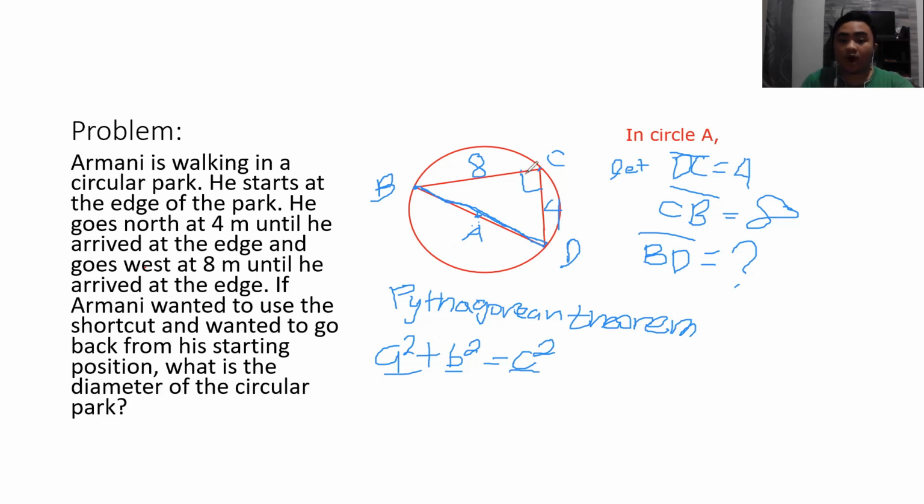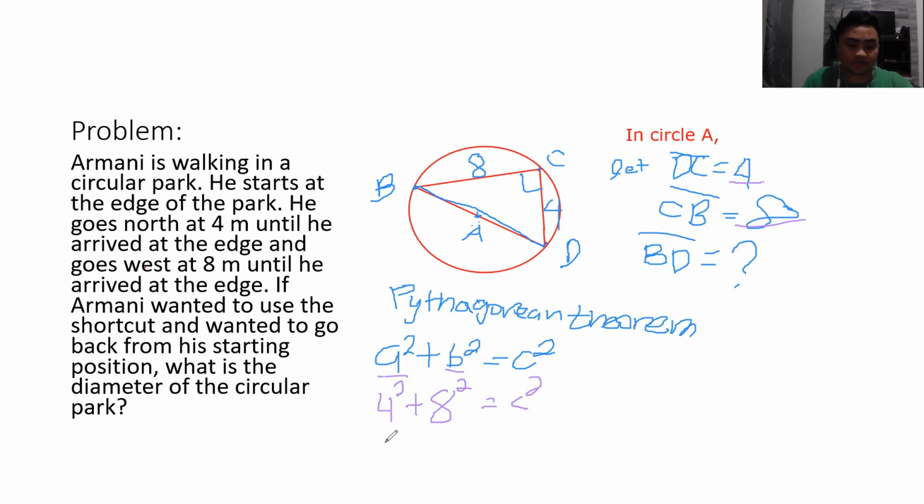The hypotenuse can be found opposite to the right angle. So let us now substitute our given. We have first a, which is 4, so we have 4 squared plus b, which is 8. We have 8 squared here is equal to c squared.